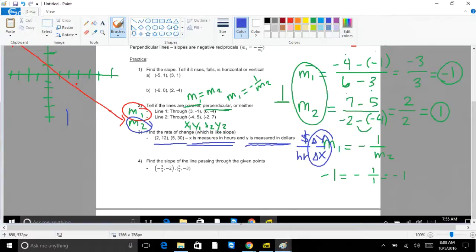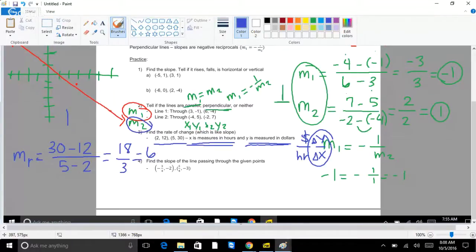So the slope of the rate of change, just so we can keep it clear with all of the other scratch work that's on here, is going to be my change in Y divided by my change in X. It's nice that these are not negative numbers, right? 30 minus 12 is 18. 5 minus 2 is 3, and we get 6.